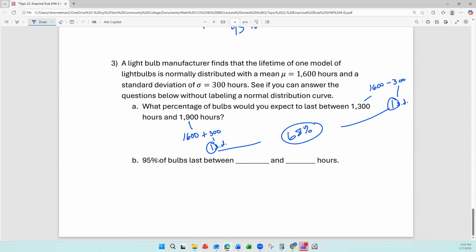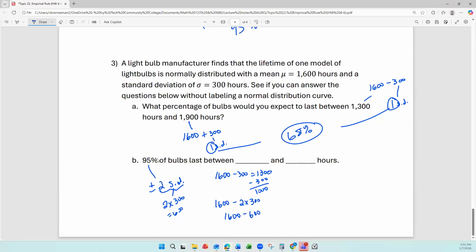And then 95%, you need to know that that's going to be 2 standard deviations in each direction. And so you might go 1600 minus 300 once is 1300, minus 300 again is 1000. Or you might go ahead and go 1600 minus 2 times 300, or 1600 minus 600 to get to the 1000. 2 standard deviations is 2 times 300, which is 600.